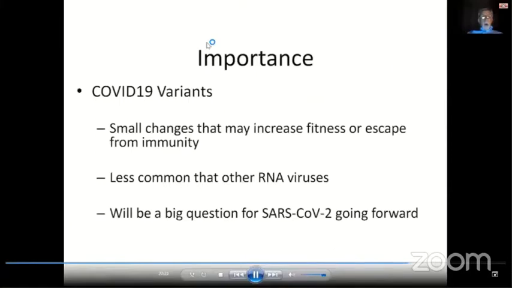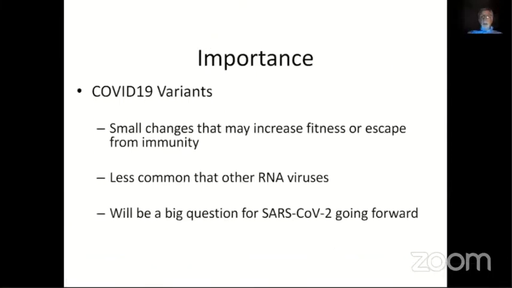A few words in the last 3 minutes outlining the COVID-19 variants and their importance. We may say that small changes may increase the fitness of the viruses, and this may escape from immunity.